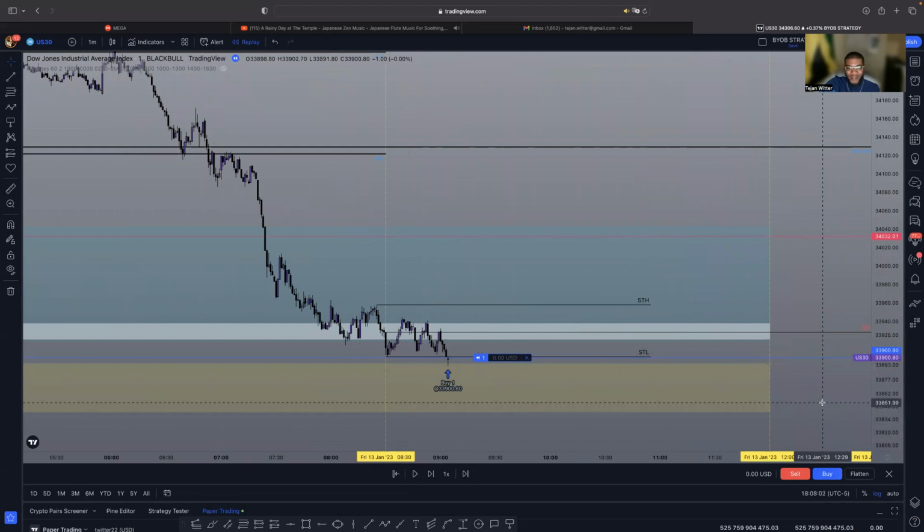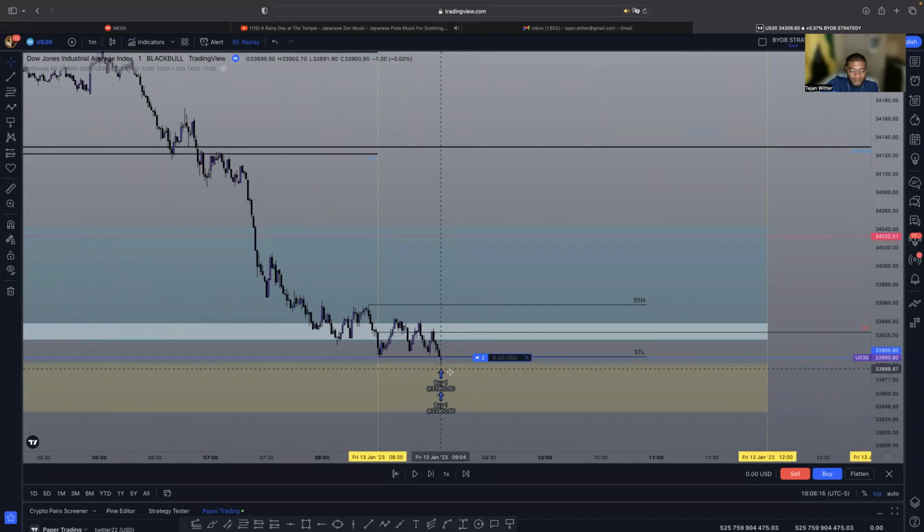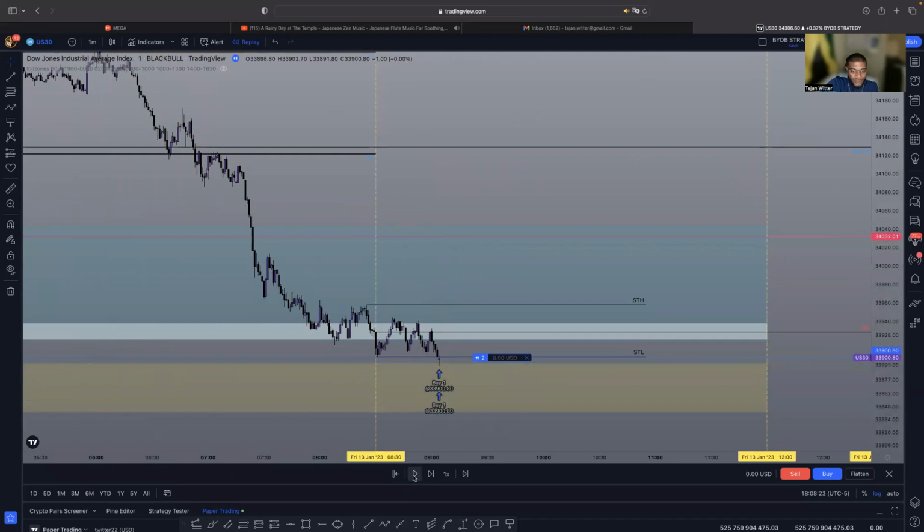I just learned about it. But yeah, so I'm gonna take a buy right here. And then we're gonna watch price, and I'll show you how you can assess your risk from this area.